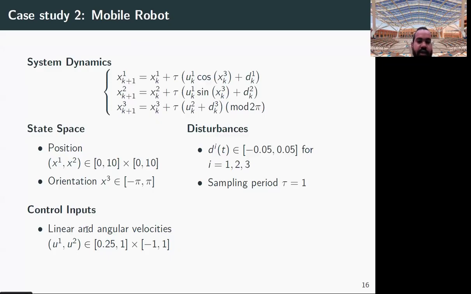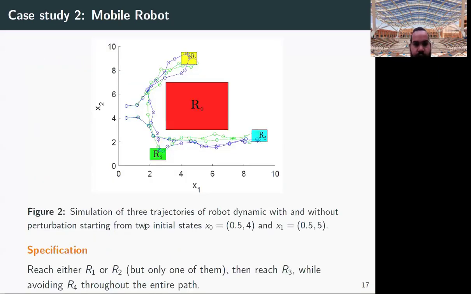Then we have linear and angular velocities as the inputs, u1 and u2. In this setup, we have this complex specification: we want to reach either R1 or R2, but only one of them, and then reach R3 while avoiding the red region R4.